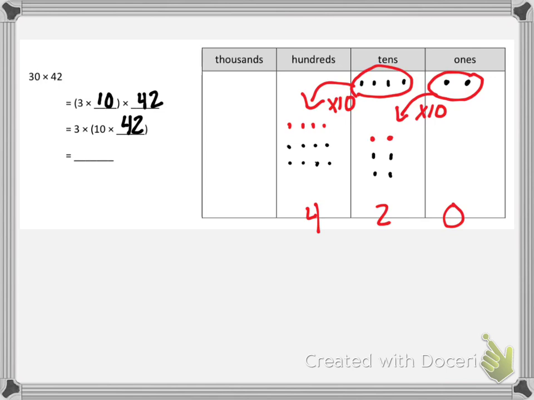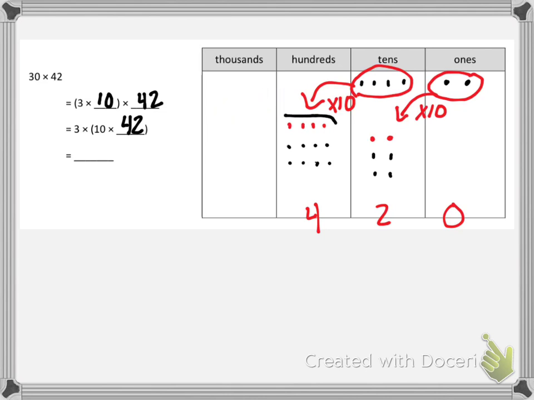And now, because whenever we get more than 10, we need to bring it over and regroup again. So over here, we've got 1, 2, 3, 4, 5, 6, 7, 8, 9, 10, 11, 12 hundreds. So we need to take 10 of these and bring them over to the thousands.